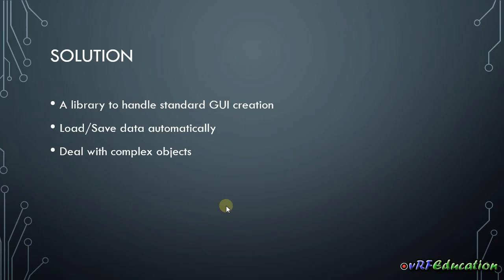I have created a draft for this library, and I'm going to show you a demo creating a GUI for an imaginary object. It may not be a real object, but I'm going to use it to show you how this library works, how it creates different widget types, and how it works with the object in Python.